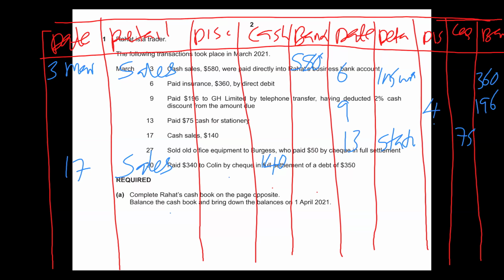Now, 27, I'm interested in. Sold old office equipment to Burgess, who paid 50 by check in full settlement. Now, I want you to remember the difference between selling and disposing.